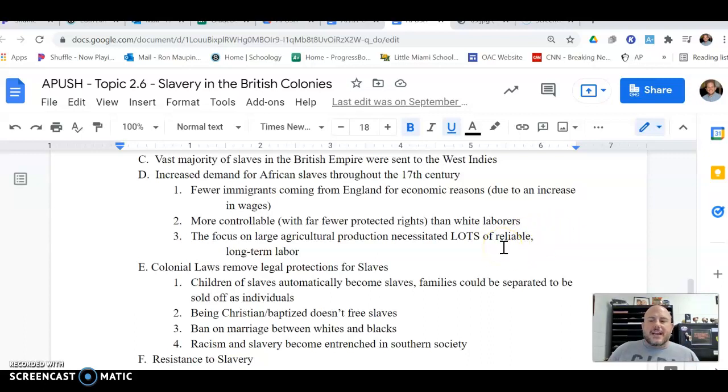So what we're seeing here is something that's going to be very, very important. We are now starting to associate the economic status of slavery with being black in the American colonies. We do not associate white with a servant class, as a slave class, as indentured servitude is starting to phase its way out. So understand that as we get into the 18th century, we are seeing something very significant happening.